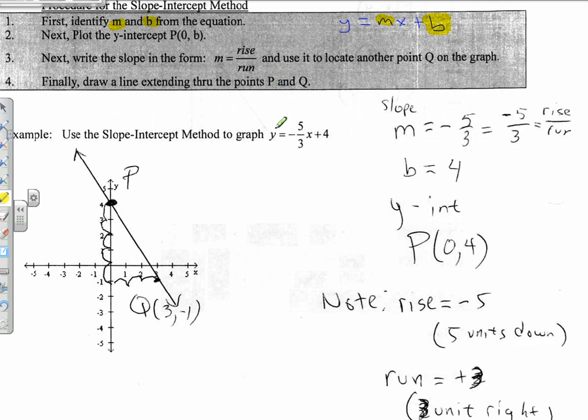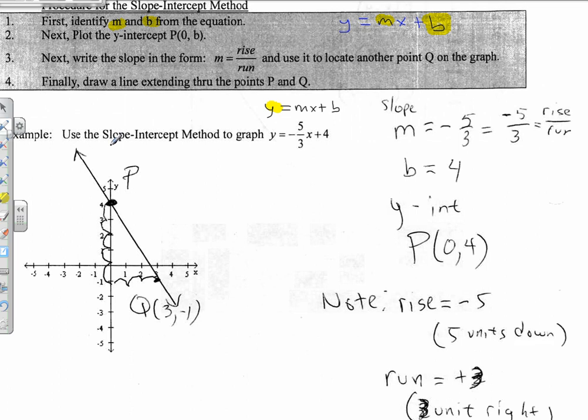So looking at this equation, I'm going to write right above it: we've got y equals mx plus b.